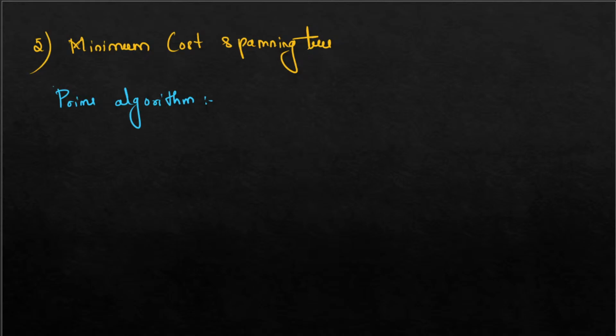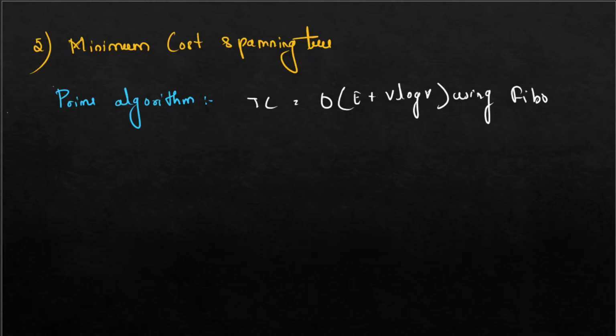So here the time complexity is big O of E plus V log V. E is for edges, V is for vertex. So this is using a Fibonacci heap, we can say. And big O of E log V, this is using a binary heap.